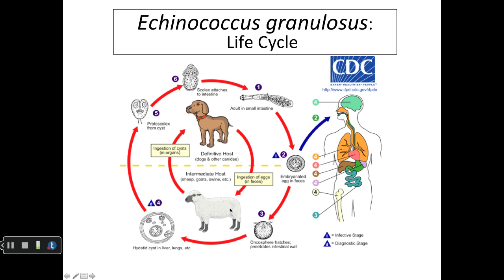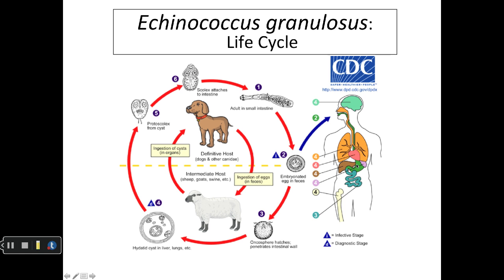Along comes the dog, or the wolf, or the fox, and they eat the sheep, or the goat, or the swine, or more commonly in the domestic cycle, they eat offal that is left over after someone has butchered the sheep, and they swallow these hydatids, the protoscolices evaginate, attach to the intestine, and then develop into adult worms.